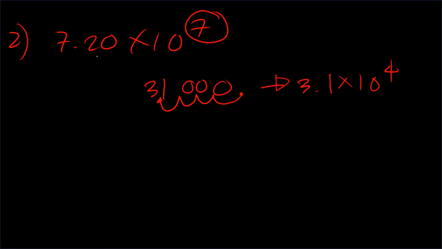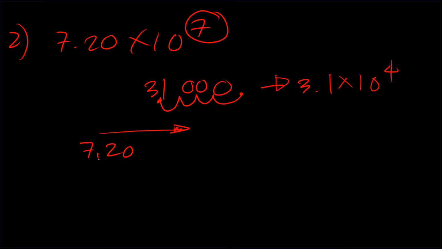So, here, if we have 7.20 and the exponent of your multiples of 10 is positive 7, then from this point, we need to move this to the right side 7 times.